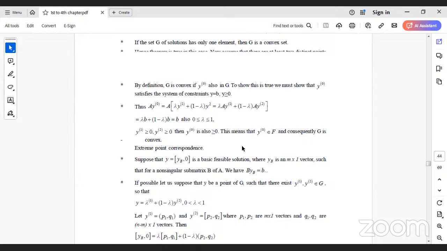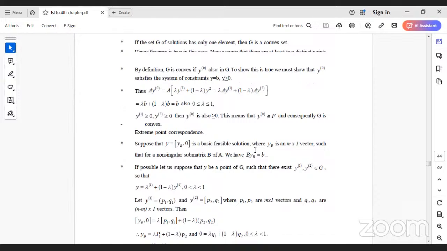So what we must show is that y power 0 satisfies the system of constraints Ay = b, y greater than or equal to 0. Thus A y power 0, A into lambda, we are taking the common. Already I told you. Suppose y_B is not equal to y_B 0, a basic feasible solution. y_B is an m-vector such that the non-singular matrix B of A, we have B y_B is equal to b.